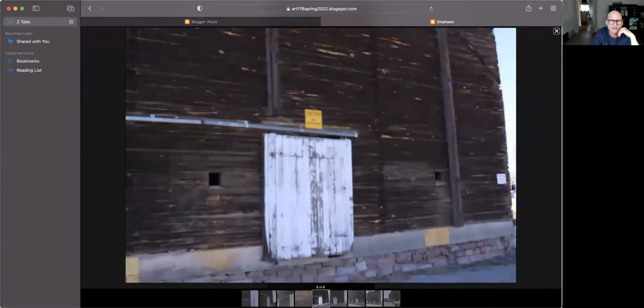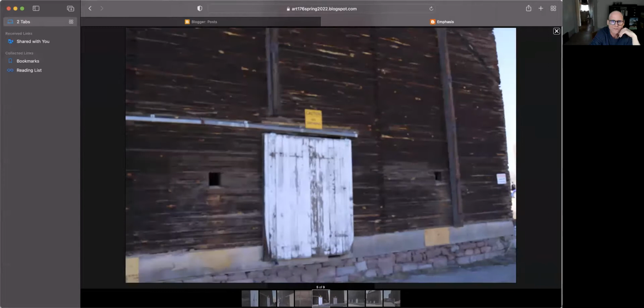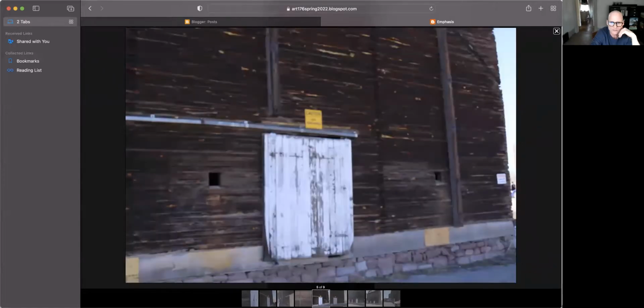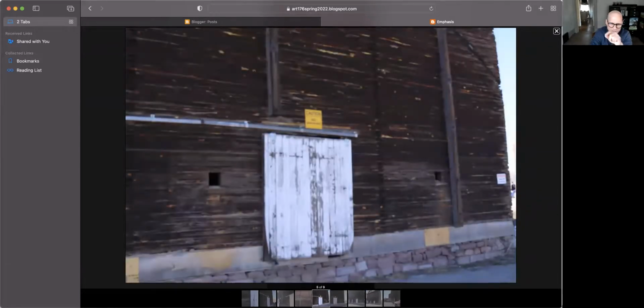So when we look at two photographs next to each other like this, if I were to write a sentence down and I said, the red dog lays still, the burgundy dog lays still, and I considered those to be two sentences in a paragraph, you would be like, well, wait, is it the same dog?